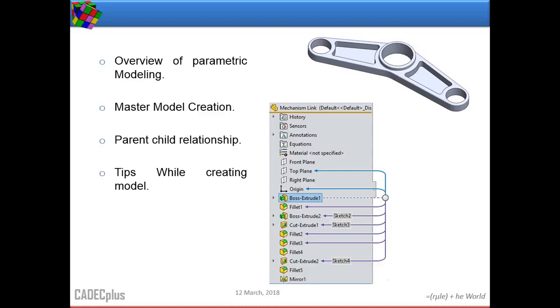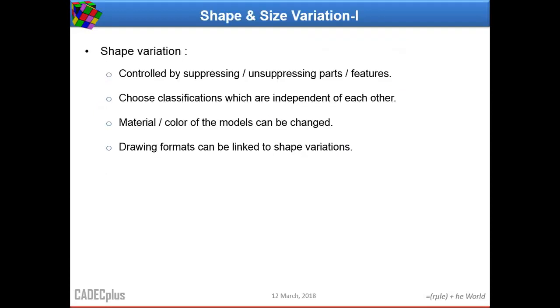While creating a master model in SolidWorks, the independent features that are associated with different variables should have no interdependency on each other. Such interdependency may create errors when generating the outputs. The shape variations, as we saw earlier, the variations can be broadly classified as shape variations and size variations.